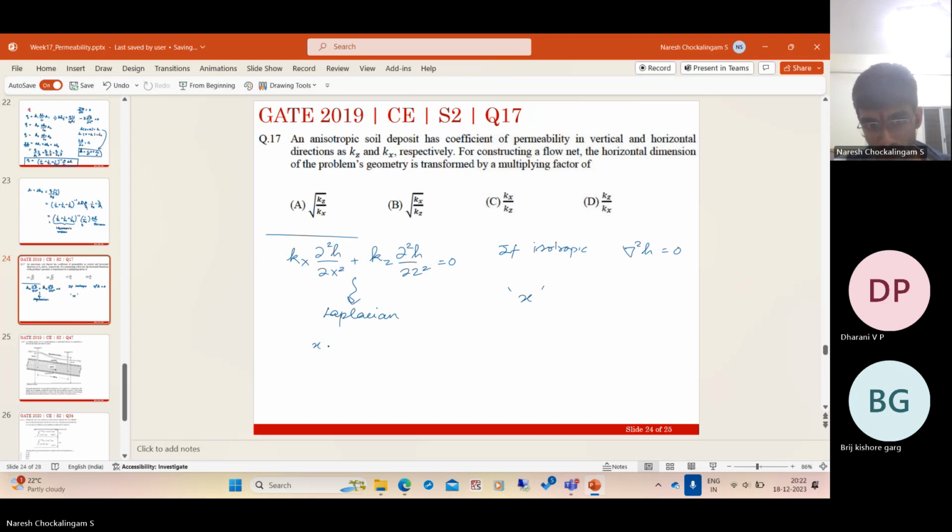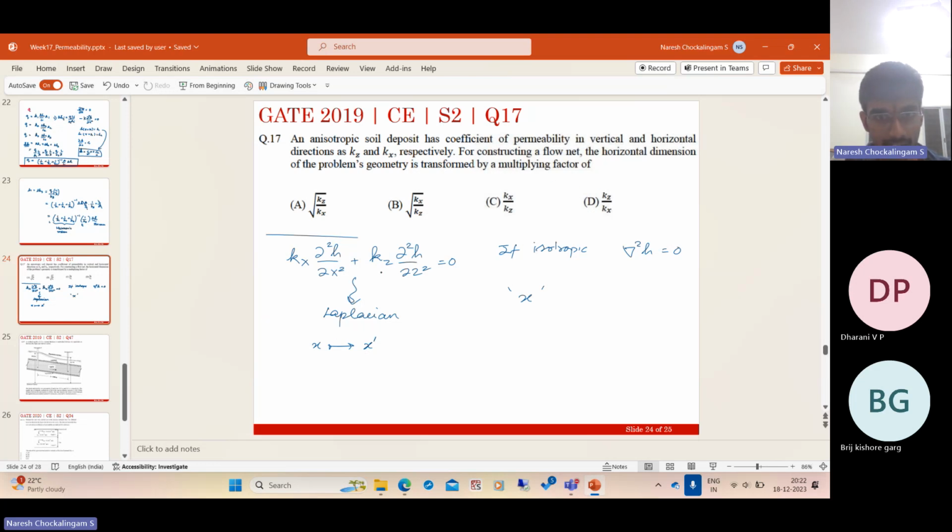Make a transformation as x becomes some x dash such that this equation, which is a general second order PDE with constant coefficients, becomes the Laplace equation. That is the idea. How do we do that? So it is transformed by multiplying factor of.